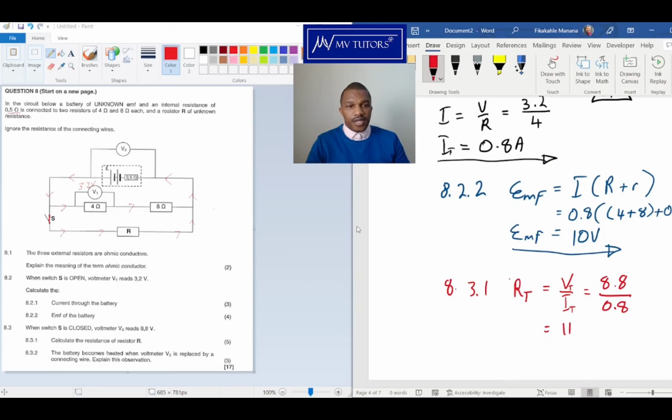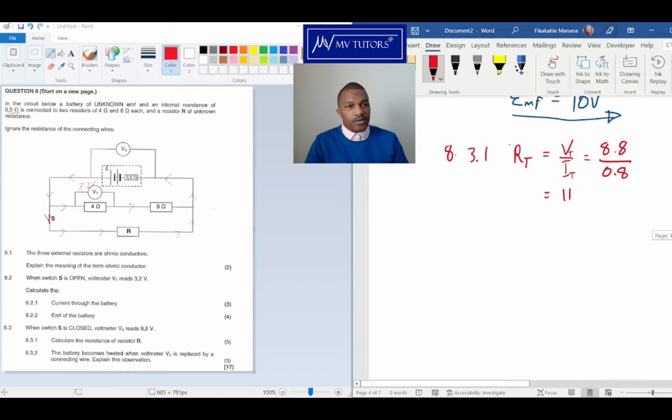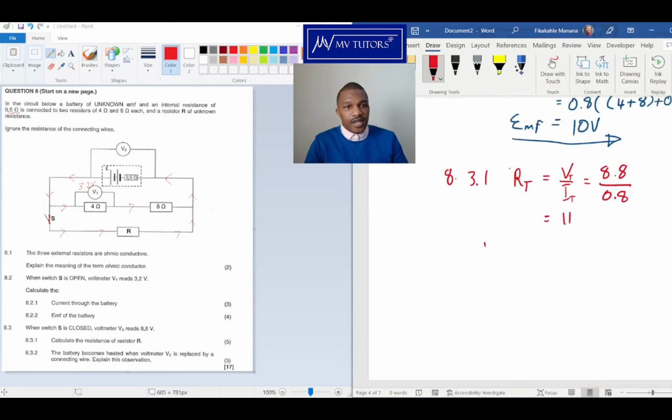It's going to help us here, because now that we know our R total, then we can say 1 over R total is equal to 1 over R, the R they want us to calculate, plus 1 over 4 plus 8, which is 12.